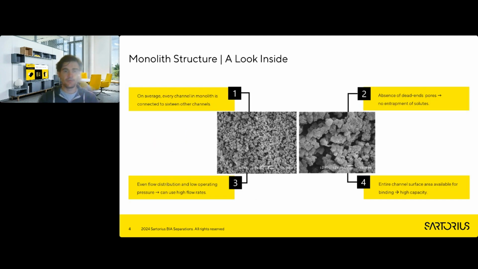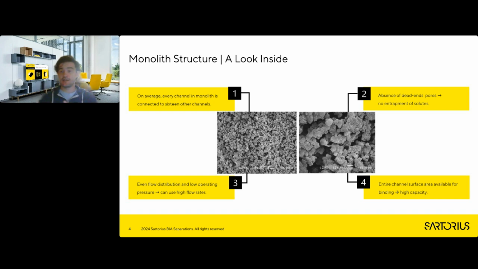Monoliths as a chromatographic media have some key features that distinguish them from the rest of the chromatographic media. As I said, they are a single unit structure with channels throughout the entire bed. On average, every channel in the monolith continues into 16 other channels.